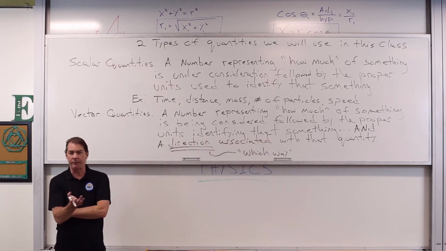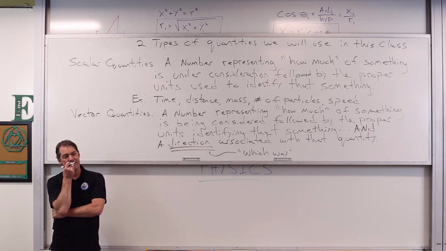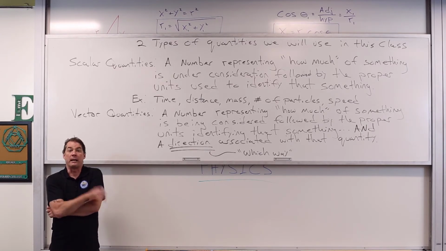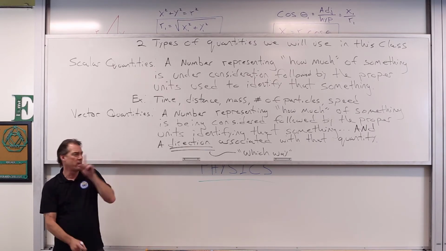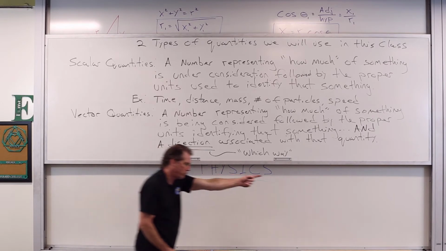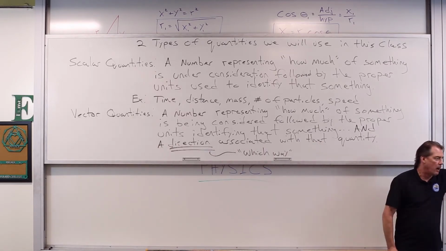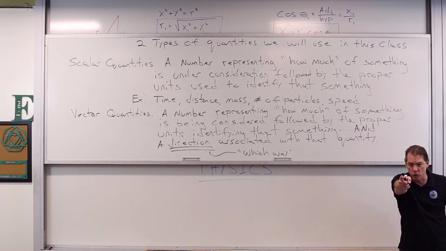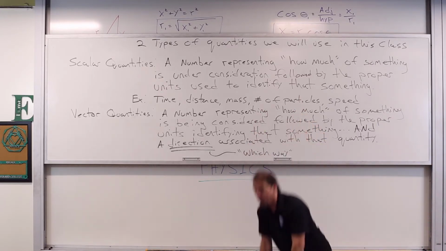we have different things. I could say, I move 10 meters. That's great. That 10 meters is a distance. That's a scalar quantity. What happens if I say, I move 10 meters that direction? I moved in a particular direction, or I could go this way, or I could go this way, or I could go up or down.